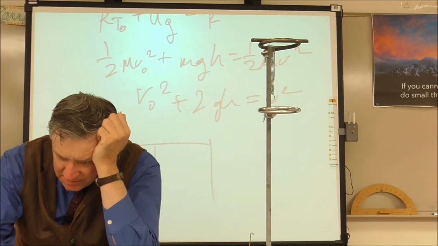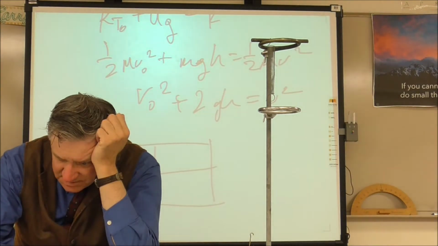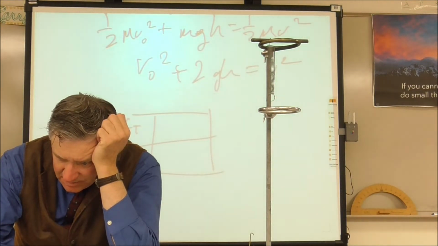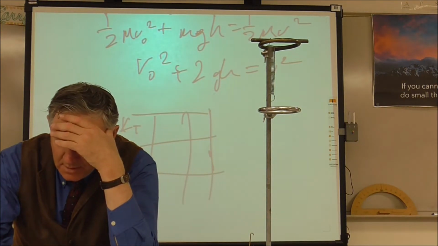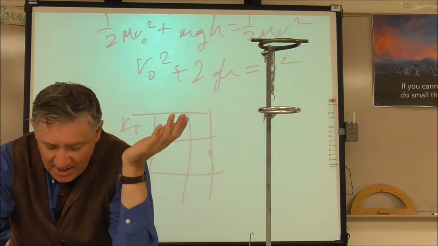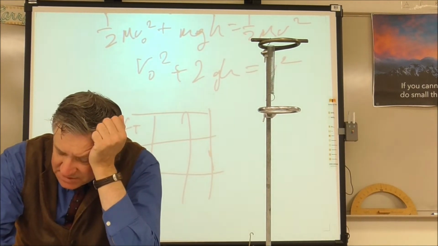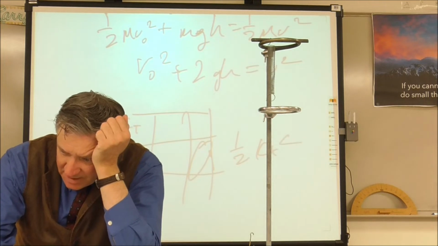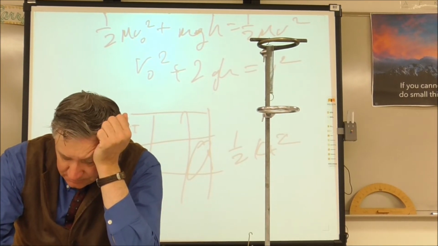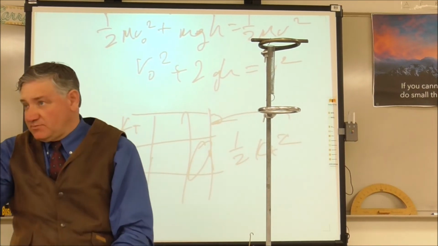So here's your chart. You can have kinetic energy, and you can have spring energy, and you can have gravitational energy. So everything has to add up to 2 joules. So if you can figure out how much energy you lost using 1/2 kx squared, subtract that out, and that's whatever's left.